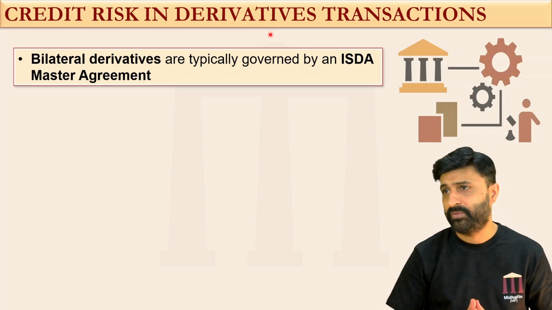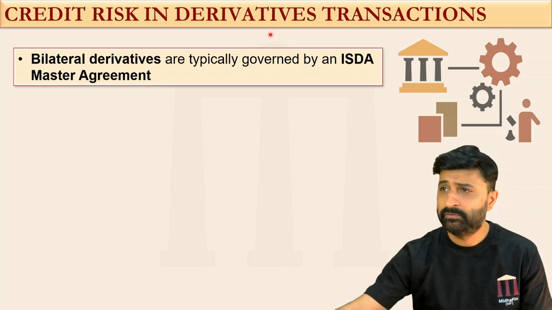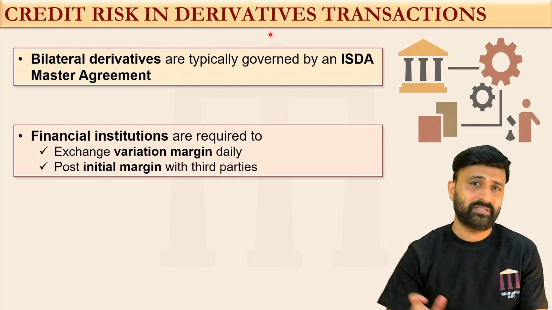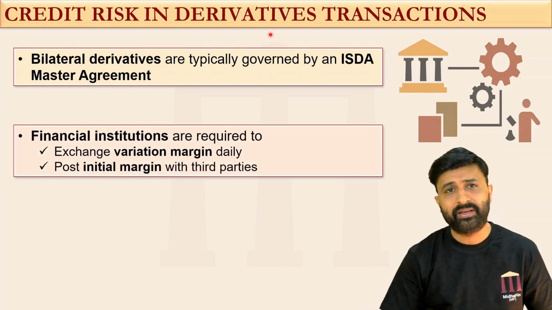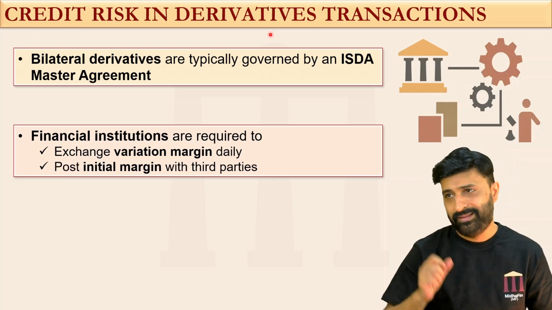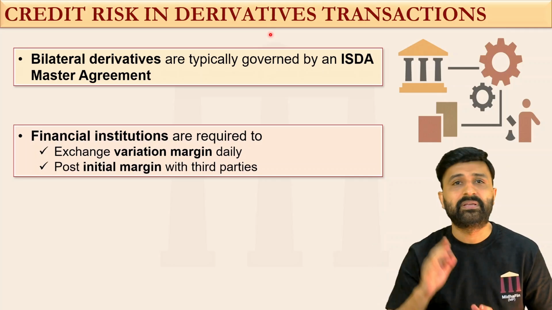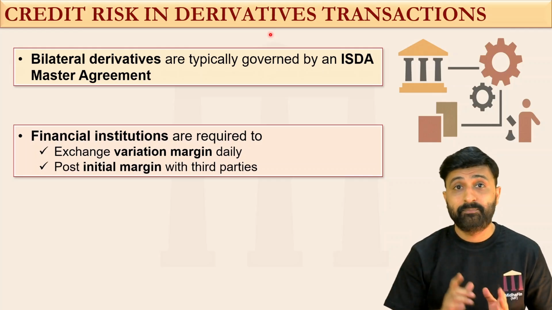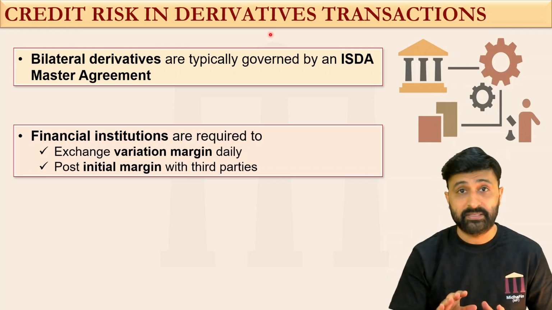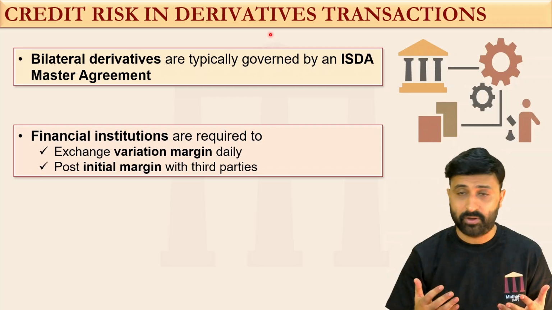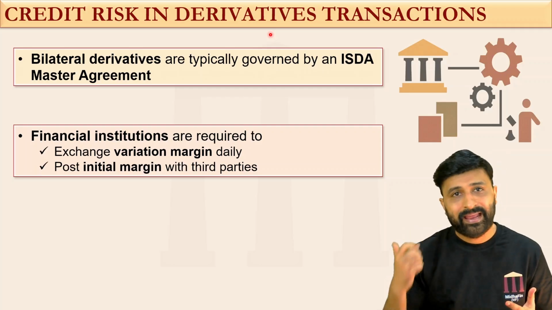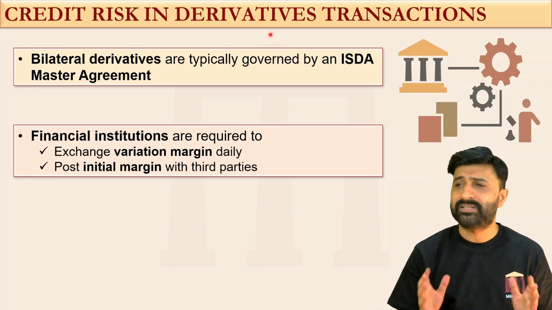Then when it comes to margin requirements, when we talk about trades between financial institutions, regulations require that they exchange variation margin on a daily basis and post initial margin with third parties. Of course, this margining process helps keep the counterparty exposures under control.